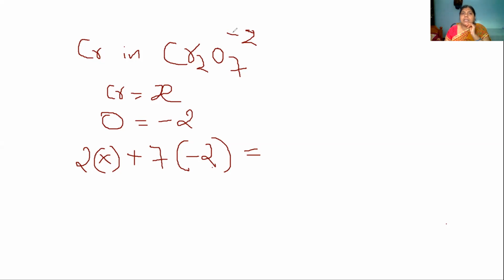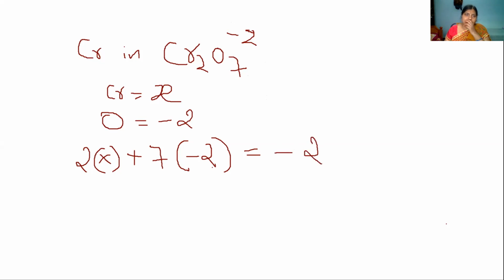For complex ions, what we have studied in the rules for calculating oxidation state: the sum of oxidation states of all atoms in a complex ion is equal to the total charge on the ion. So what is the total charge? Here minus 2. That charge will be taken.